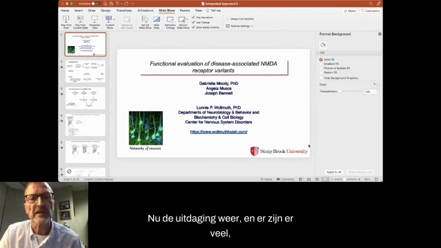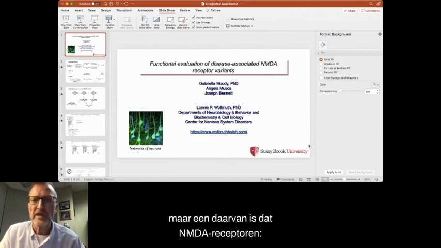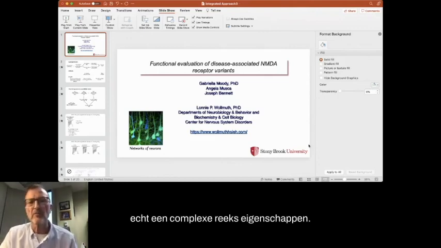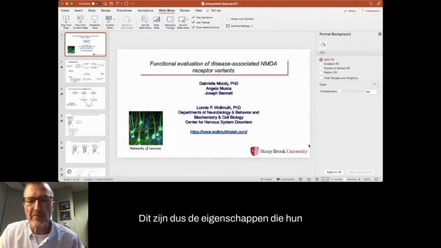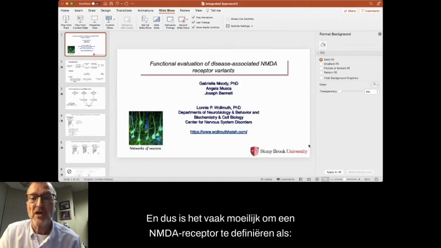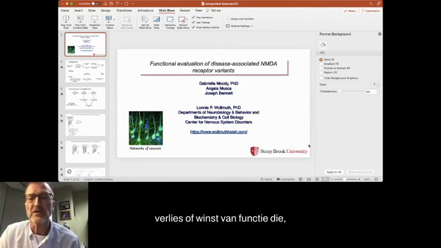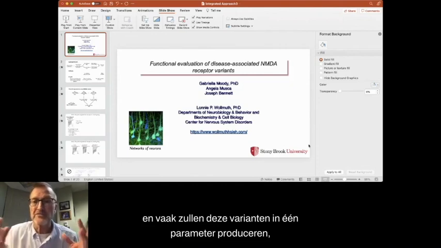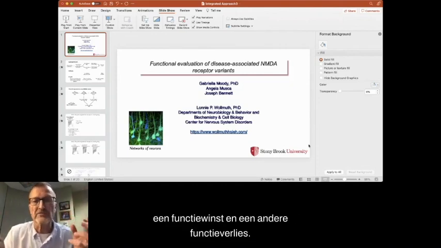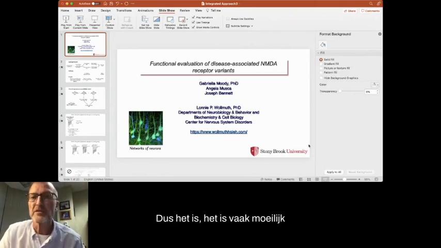Now, the challenge, and there are many of them, but one of them is that NMDA receptors have a complex array of properties. So these are the properties that control their function at synapses. And so it's often difficult to define an NMDA receptor variant as loss or gain of function. And oftentimes these variants will produce a gain of function in one parameter and a loss of function in another. So it's oftentimes difficult to define the appropriate pharmacology.